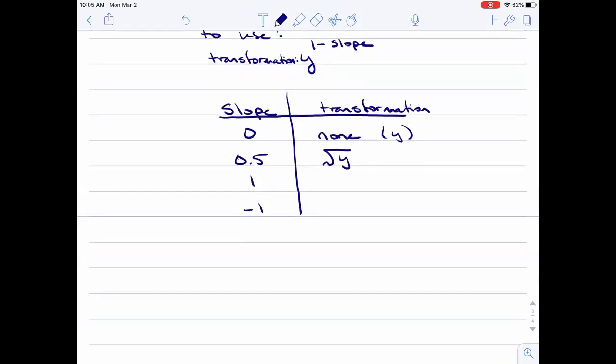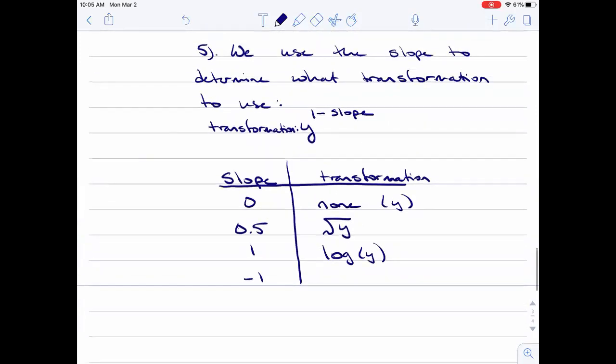If the slope is 1, then you use the log of y. You can use calculus to show it.